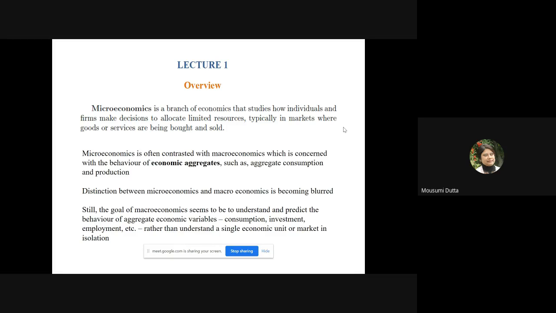Alternatively, the other branch, macroeconomics, will consider a bigger unit, a joint decision. When we consider a joint decision, not an individual decision, of allocating limited resources, like, what will be the aggregate output of the country?